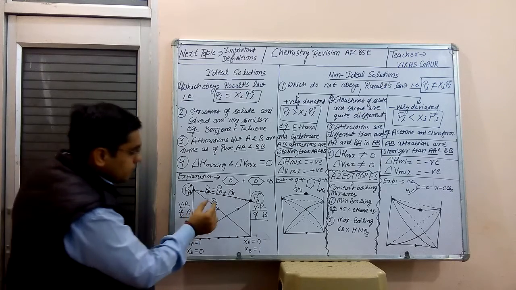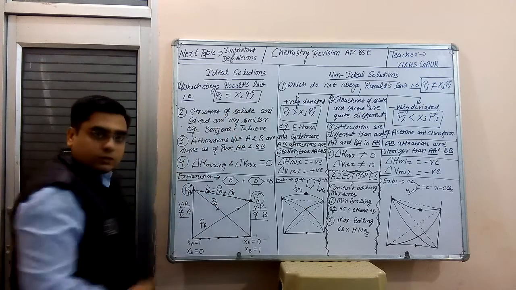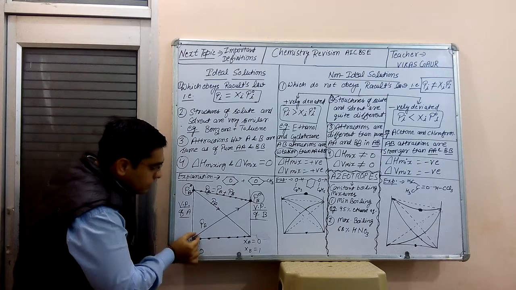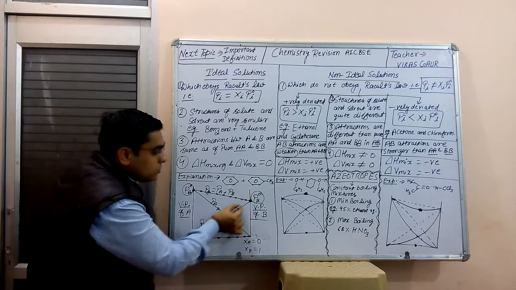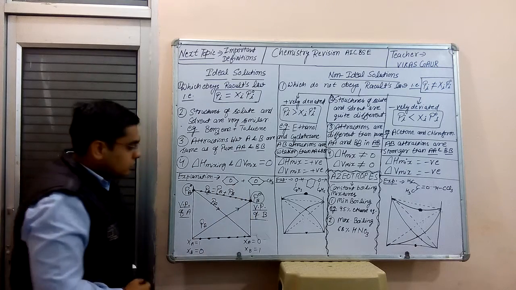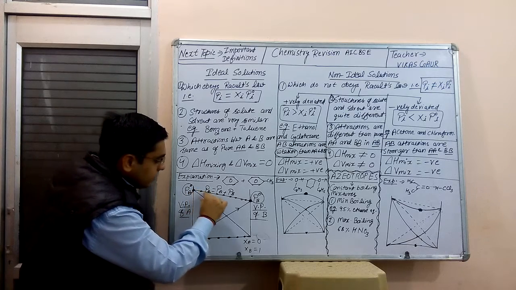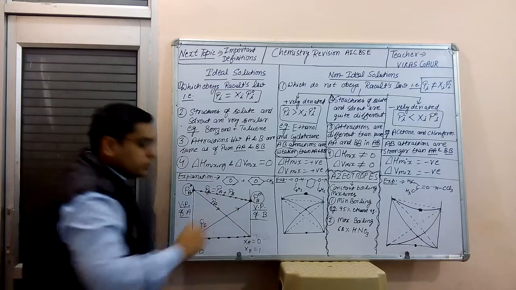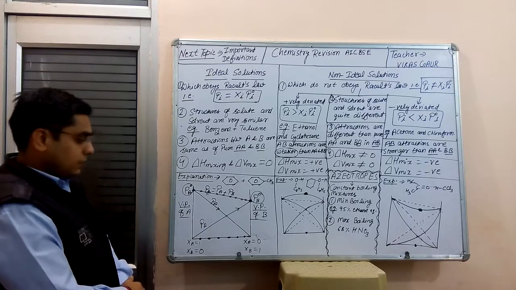And the partial pressure is directly proportional to mole fraction. So mole fraction of B increases and its partial pressure also increases, and mole fraction of A decreases, so its partial vapor pressure also decreases.